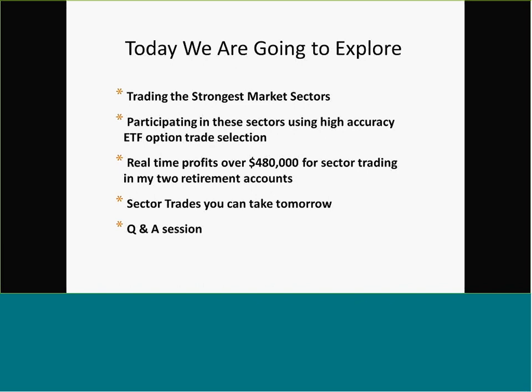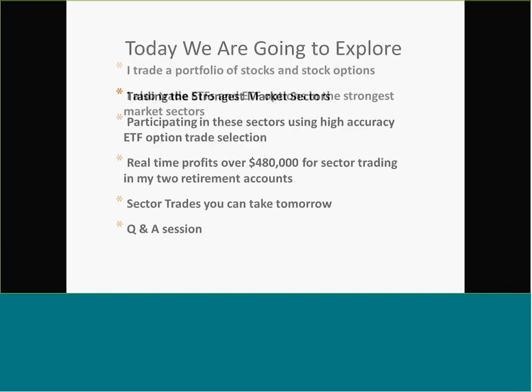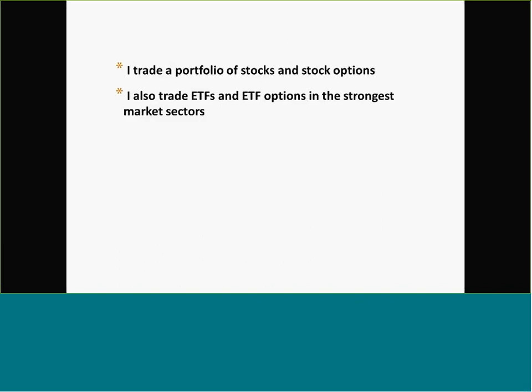And I'll show you a few trades that you can take tomorrow. There's actually quite a few buy signals right now as the market has retraced over the last couple weeks, and we'll have a Q&A session at the end, and I'll be glad to answer any questions.